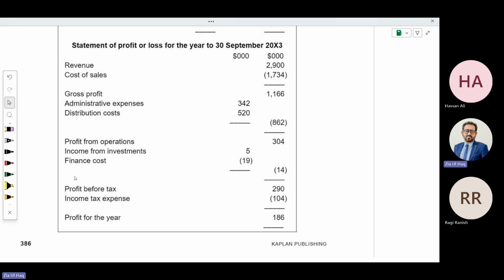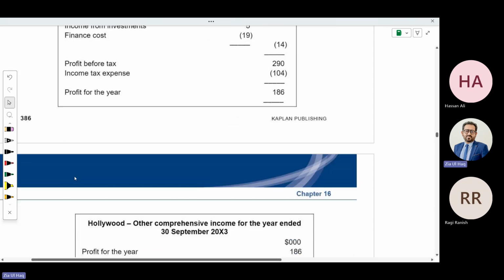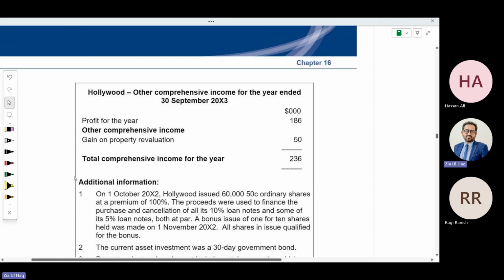Profit before tax or after tax? We need what? Before tax. And then other comprehensive income, gain on property revaluation mean revaluation of property.